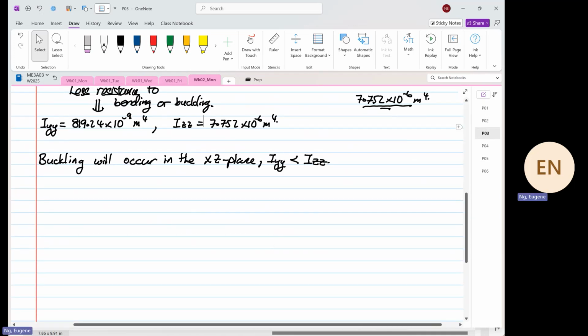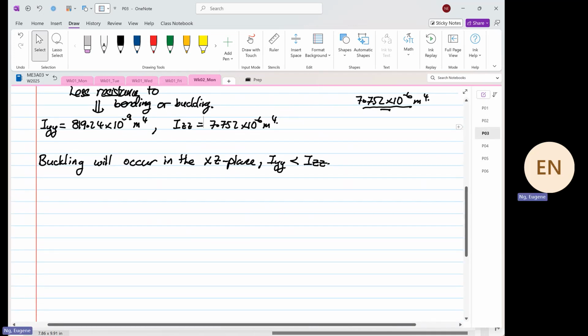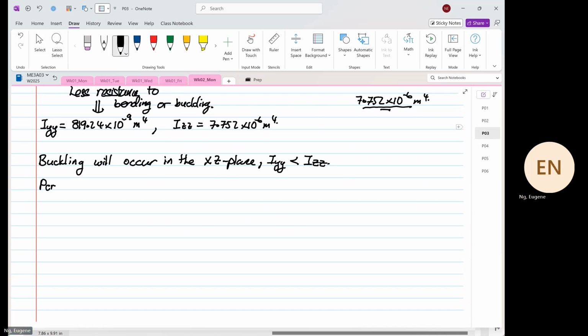So from here, we are going to calculate the critical load at the XZ plane. This will be equal to pi squared E multiplied by IYY over L squared.